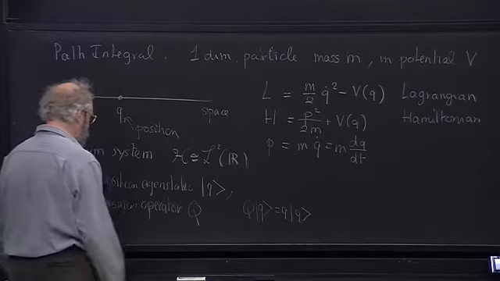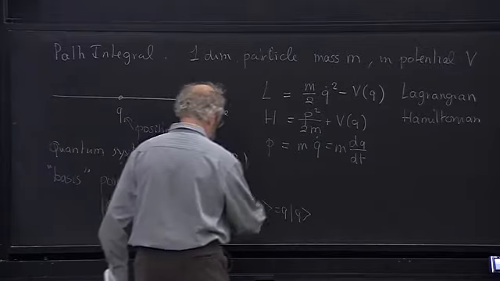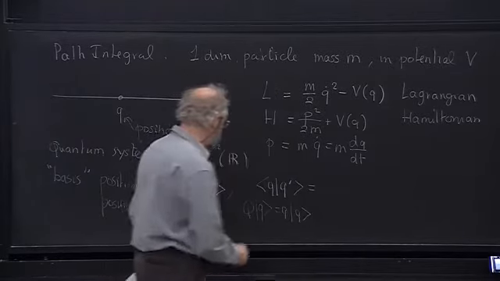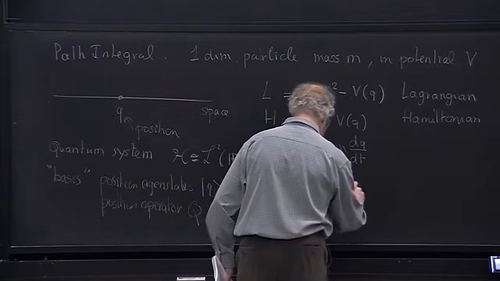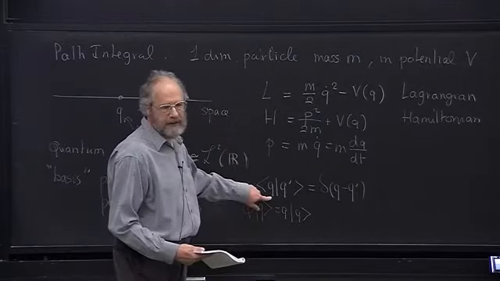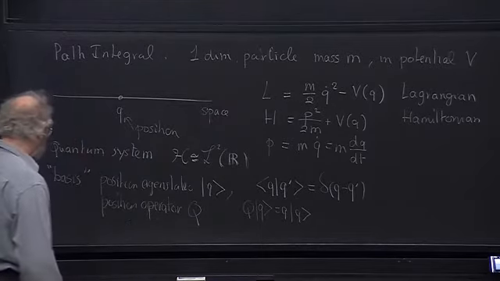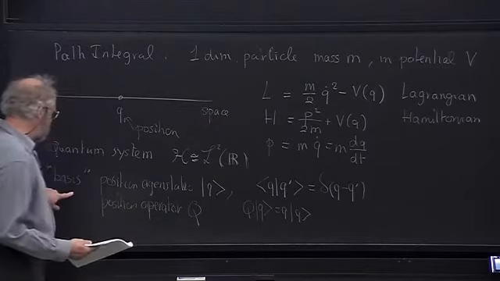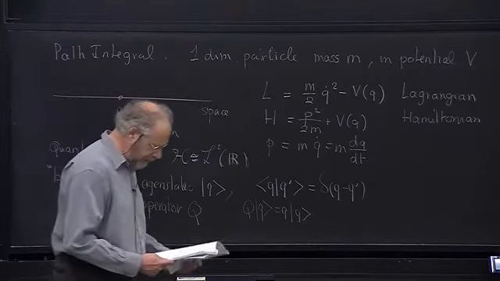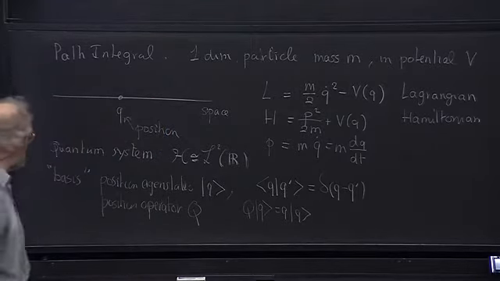And of course, these position eigenstates satisfy the scalar product that the scalar product is the delta function of q minus q prime. So they are not normalizable states, but that's enough. This rule is enough. And of course, there is another basis which is given by momentum eigenstates, but I'm not going to discuss that at this stage. And this is just very standard quantum mechanics.